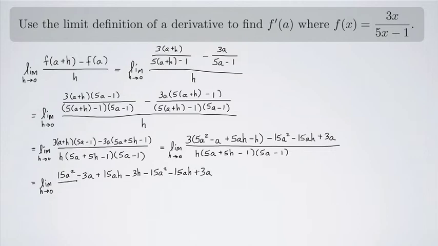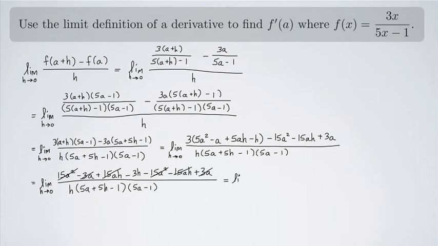And then the bottom is going to stay the same. That's going to be h times 5a plus 5h minus 1 times 5a minus 1. All right, we're almost done. I see some cancellations here. 15a squared minus 15a squared, minus 3a plus 3a, plus 15ah minus 15ah.